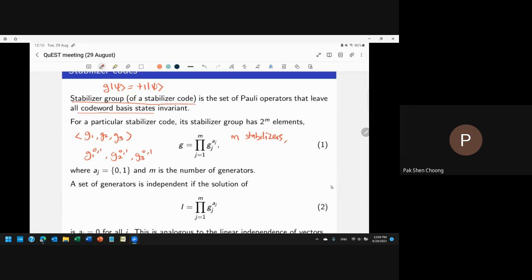These are the group elements for the stabilizer group for a particular stabilizer code. Because of this, you can see that the number of elements inside the stabilizer group is 2 to the power of m. Over here, your Aj is either 0 or 1, and m is the number of generators.